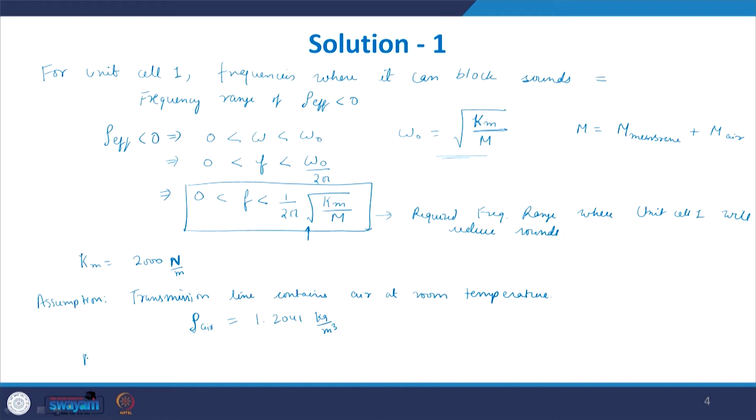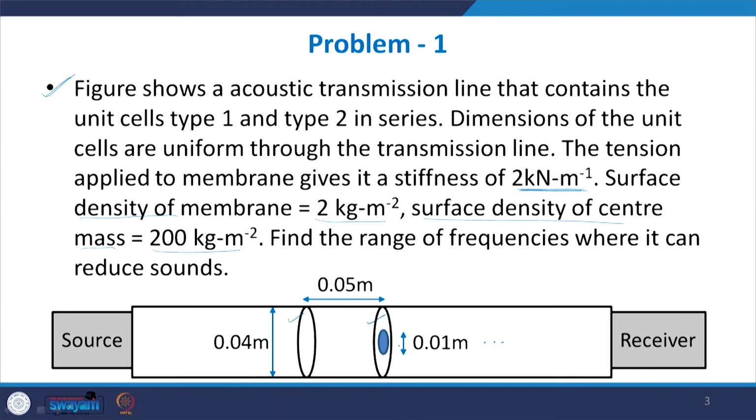So, let us now calculate the mass of air. It is going to be this rho of air multiplied by the volume of the unit cell, which is 1.2041 multiplied by the area into the length of the unit cell. So, what is the area here?